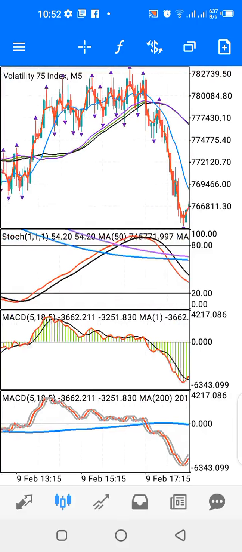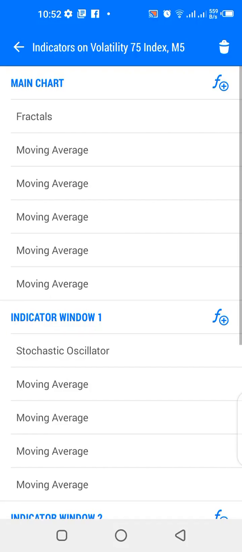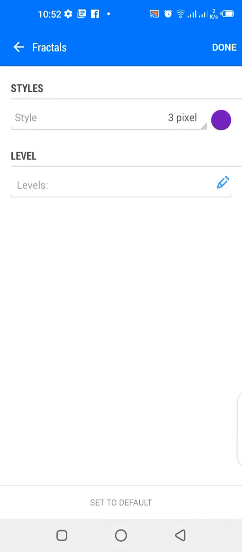All right, so let's look at the settings for main window. We have fractals for identifying point of price rejection. If the fractal arrow is pointing upward, that means price has hit a resistance level and it may go down.